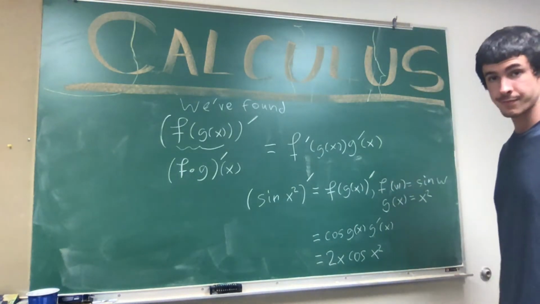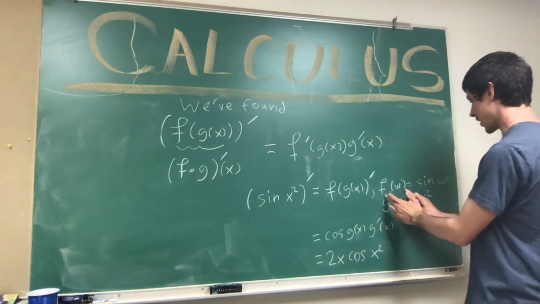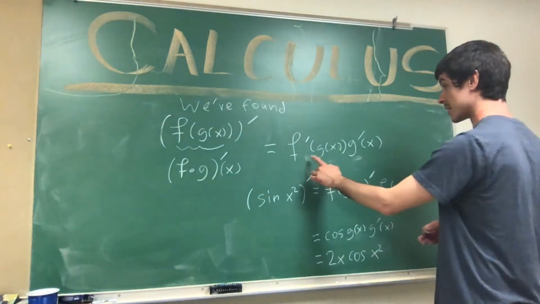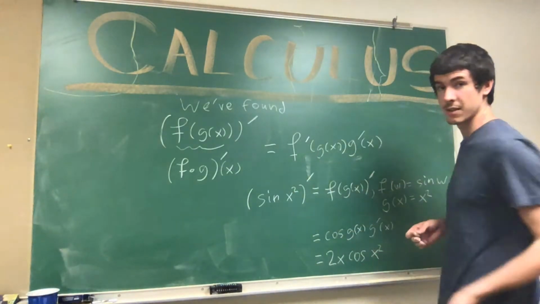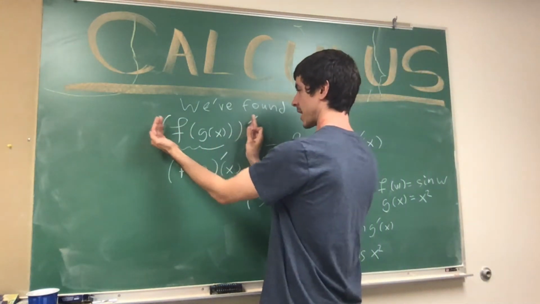But the point is that it helps to think in terms of this so that we're entirely clear on what it means to say f prime of g of x. Because f prime of g of x is not the same as f of g of x prime.